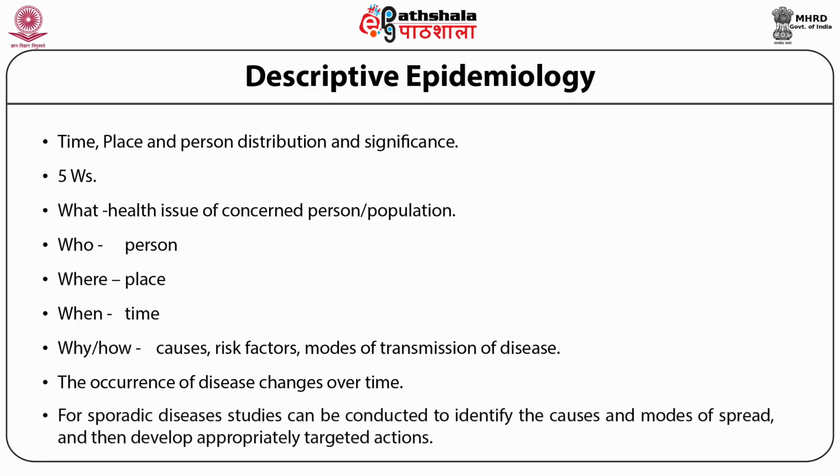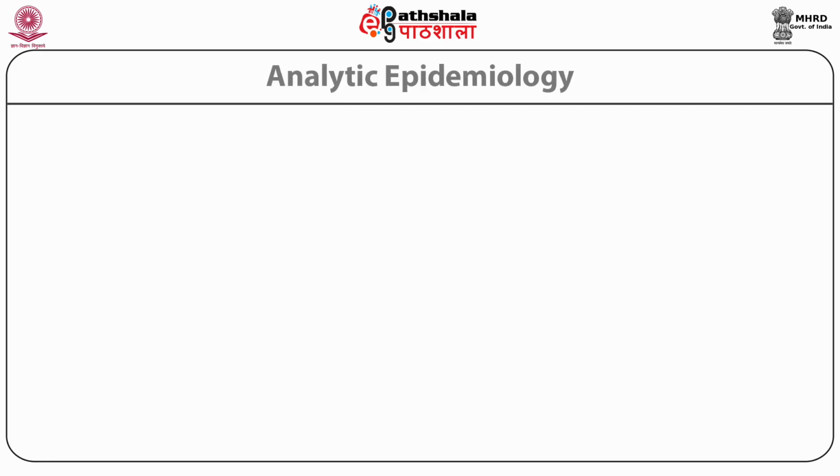For sporadic diseases, studies can be conducted to identify the causes and modes of spread and then develop appropriately targeted actions. The pattern of disease occurrence by time is critical for monitoring and health interventions by the government.